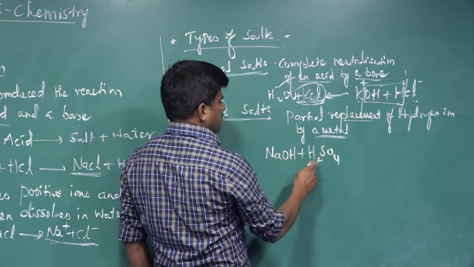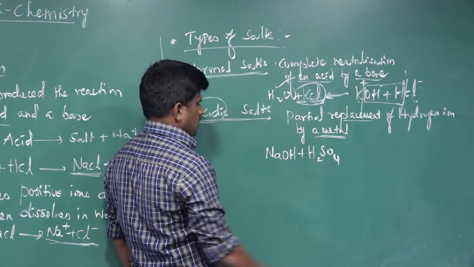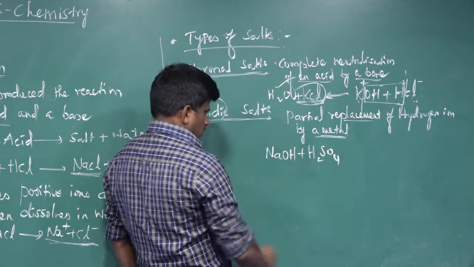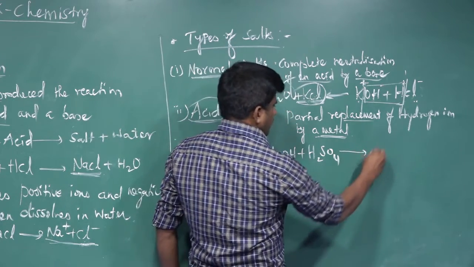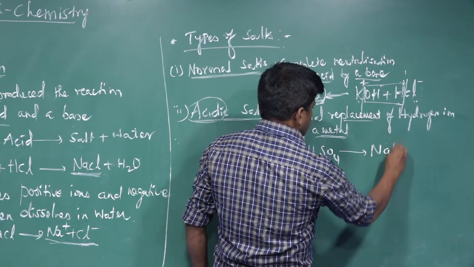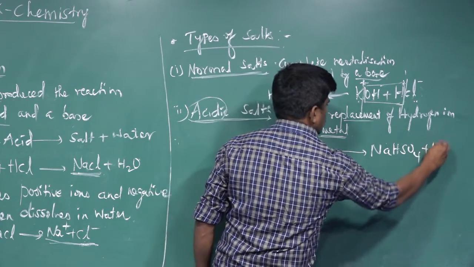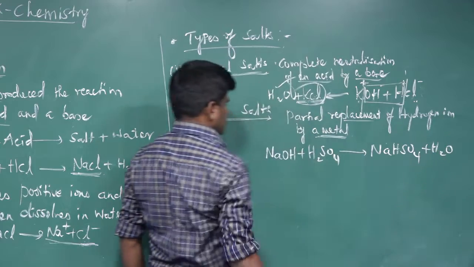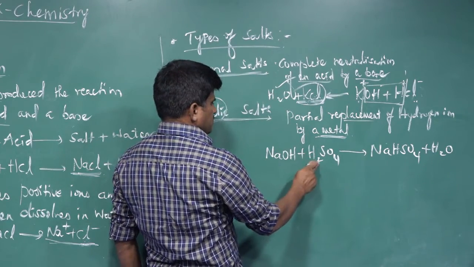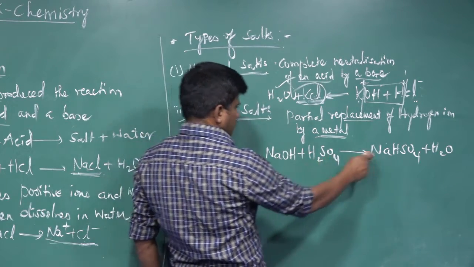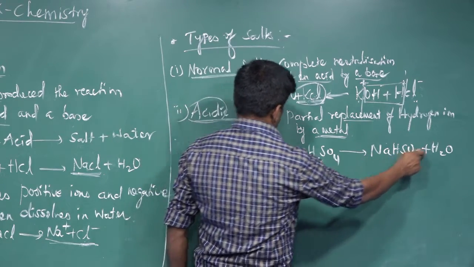The example of a dibasic acid is sulfuric acid. When sulfuric acid is mixed with sodium hydroxide, it forms sodium bisulfate, that is NaHSO4. The additional product is water.